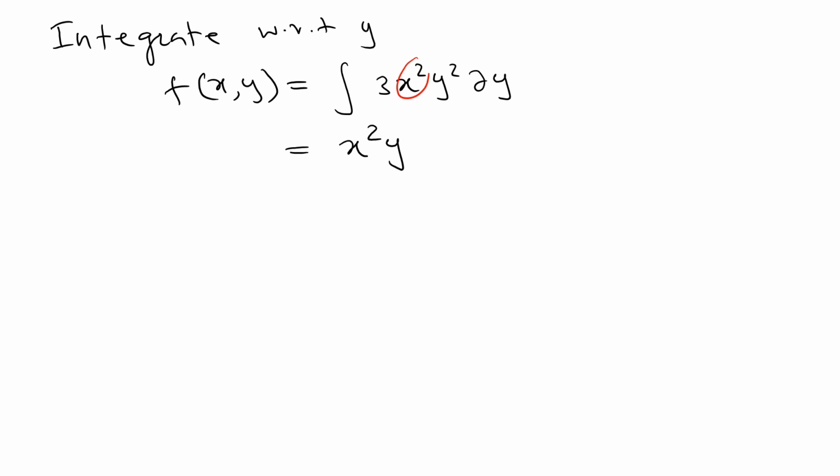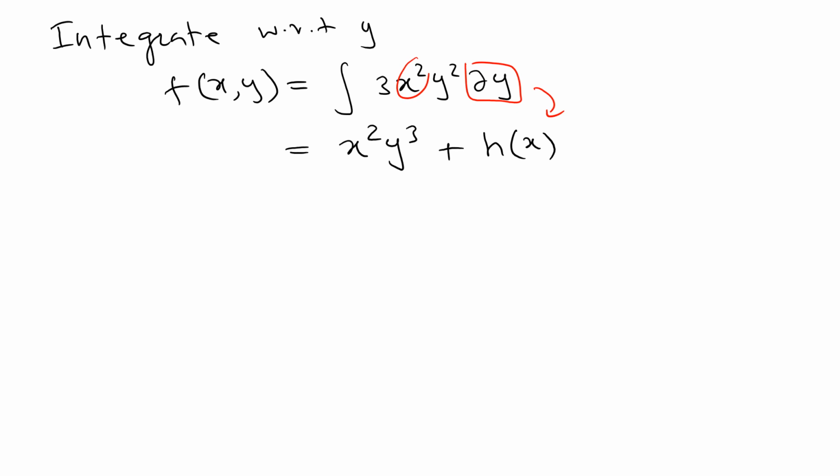The integral of 3x^2y^2 ∂y, because we integrate with respect to y, keeping x as a constant, gives y^3 divided by 3, so you get x^2y^3, and then a function of x, h(x), because of partial integration.